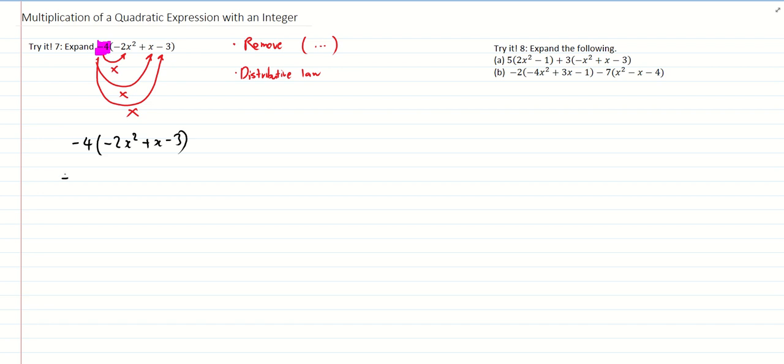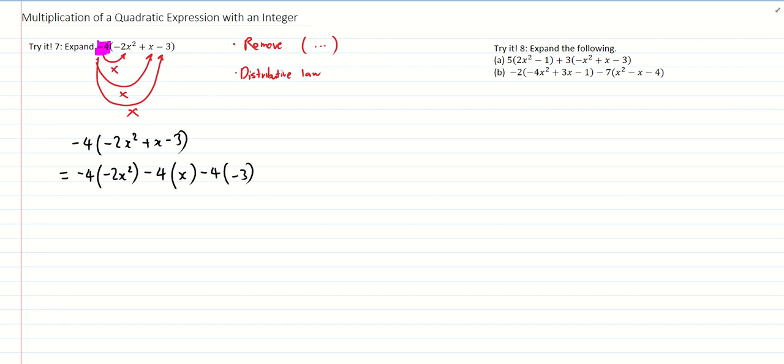So when we distribute them, we will have negative 4 multiplied by negative 2x squared, and then negative 4 multiplied by positive x, and then negative 4 multiplied by negative 3.